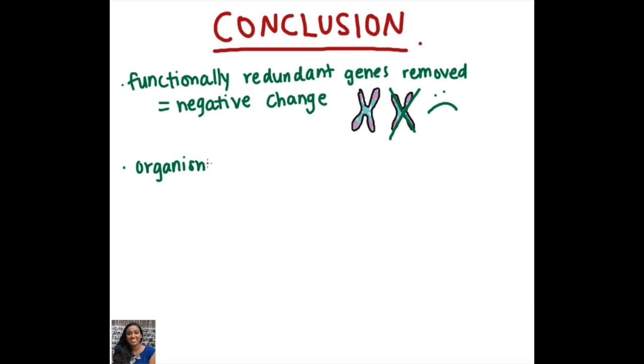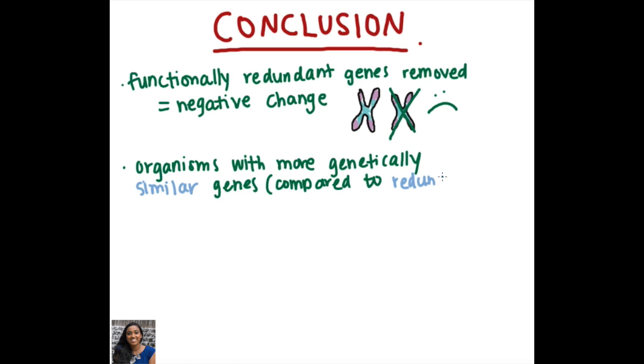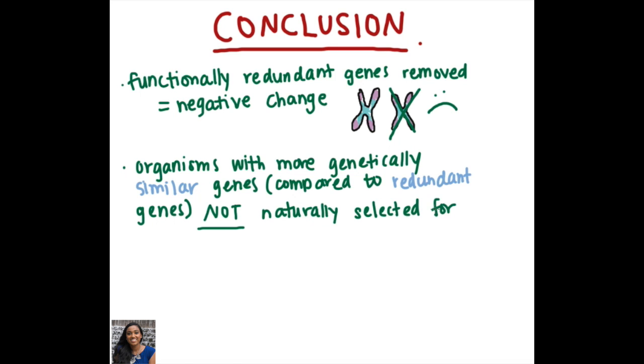Furthermore, this suggests that because of the negative change, organisms with more genetically similar genes rather than redundant genes are not genetically favored or naturally selected for. This could account for why there are so many similar genes that are theorized to be functionally redundant.